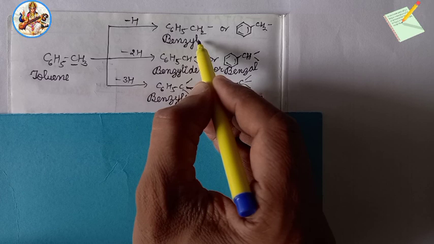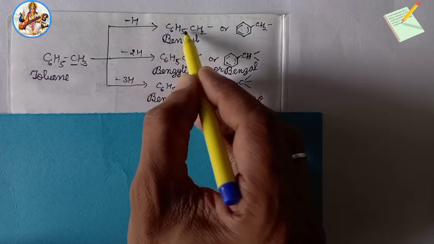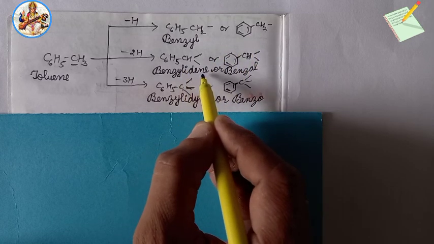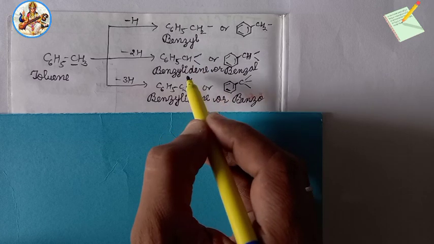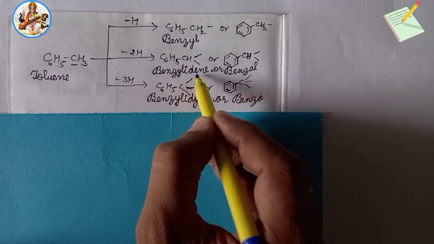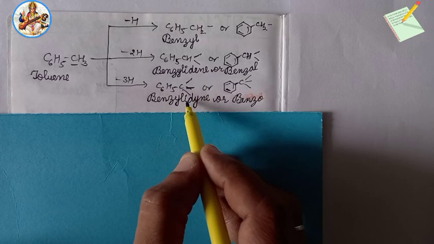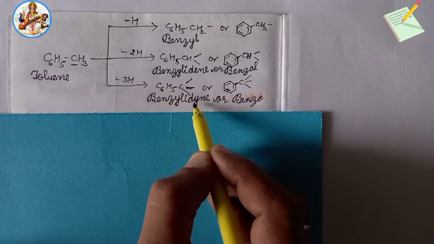It is benzyl, monovalent, so the -yl suffix is used. It is benzylidene because it is bivalent, so the -ylidene suffix is used here, and it is trivalent, so the -ylidyne suffix is used.